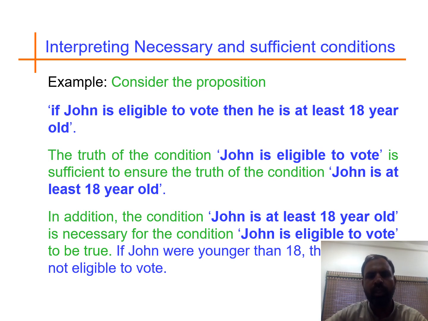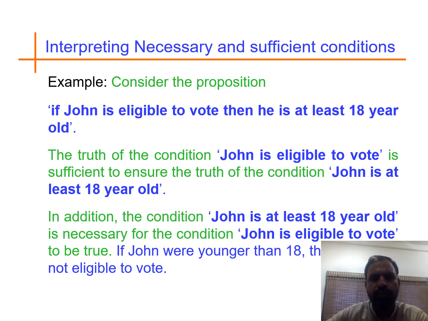The truth of the condition John is eligible to vote is sufficient to ensure the truth of the condition John is at least 18 years old, because nobody who has no CNIC is eligible to vote.